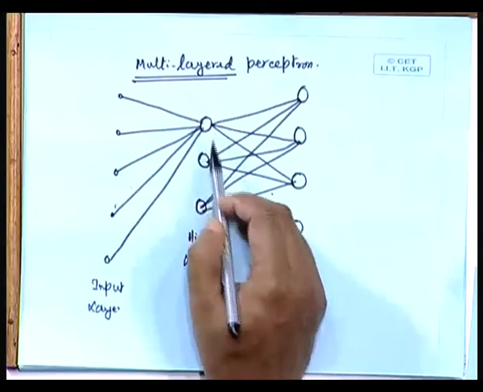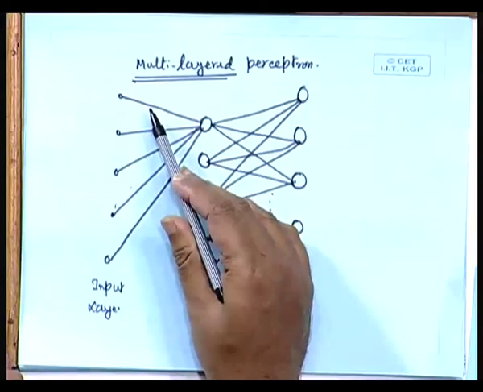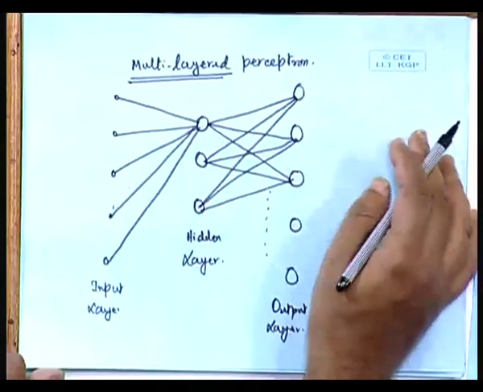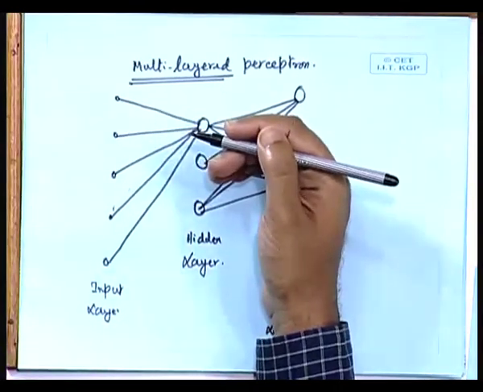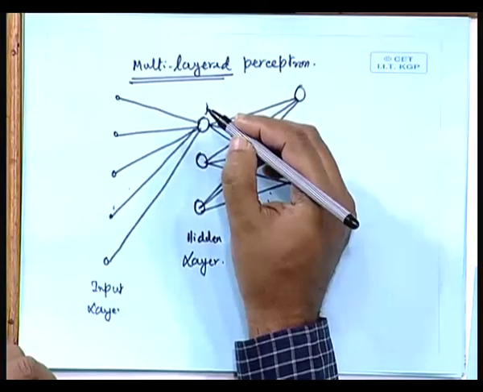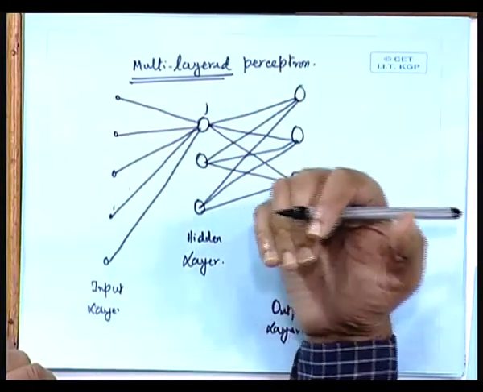In fact, what happens is that the input will have some signals associated with it, and these signals will come to the next layer, in this case the hidden layer. There will be some linear weighted inputs that you will get, which we are going to call the induced field, that is, sigma of Wji xi, where i is equal to 1 to m, if there are m dimensions in the input, if you call this neuron j.